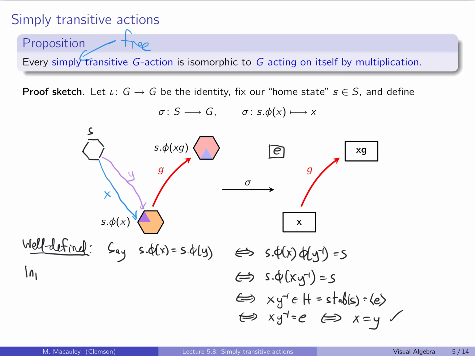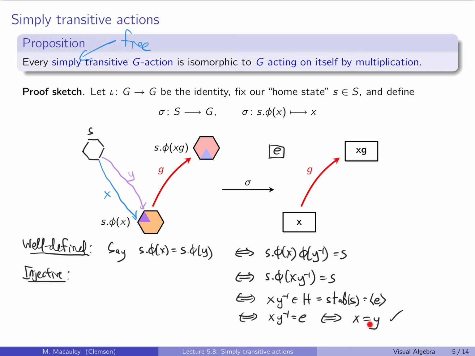And then injective, or one-to-one, we just go in reverse. Suppose we have two set elements here that get mapped to the same place. So suppose that x equals y. We have to show that they were the same to begin with. And as we did last time, we just reverse this.